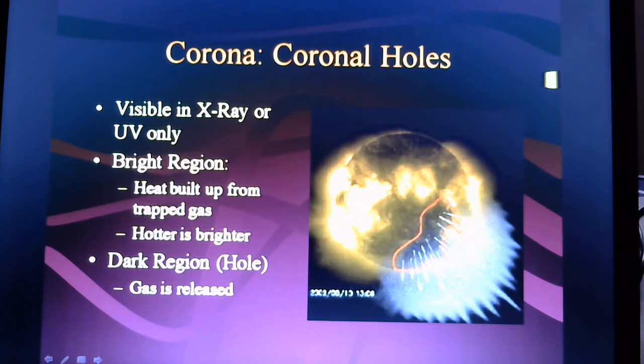Is it really a hole? Well, it's a place where gas is actually just being released instead of being trapped. Because the gas can be released, you're not trapping gas, you're not trapping energy, you're giving some relief to this portion so it can emit the energy and cool off. And cooler is always darker. Darker is something that people might call a hole. And that's what we mean by a coronal hole.